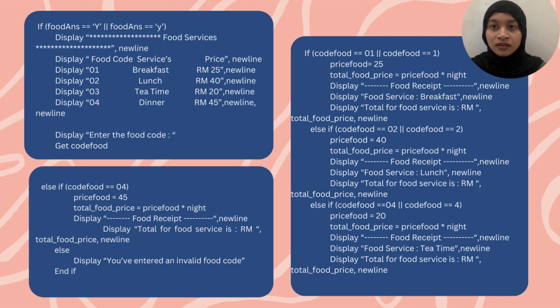It requires the user to enter the food code, and they will receive the total price of their food, then pay for the food and get the receipt for the food that they ordered.